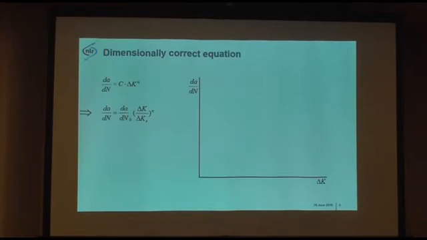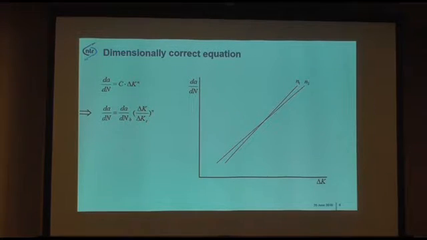If that is the case, then you can write the Paris equation as a relative crack propagation law, and you get a dimensionally correct equation of this kind. And what does that mean?